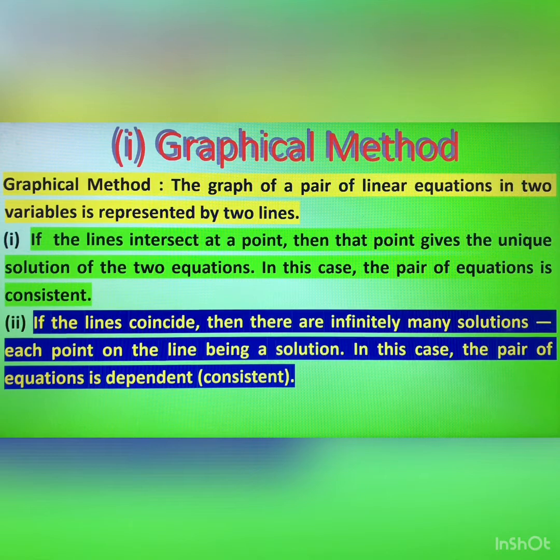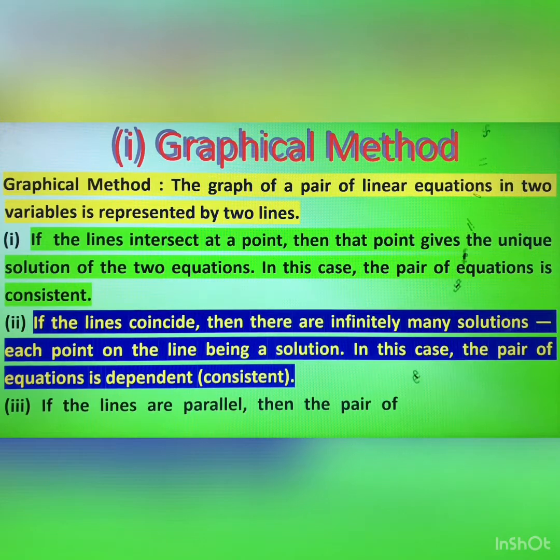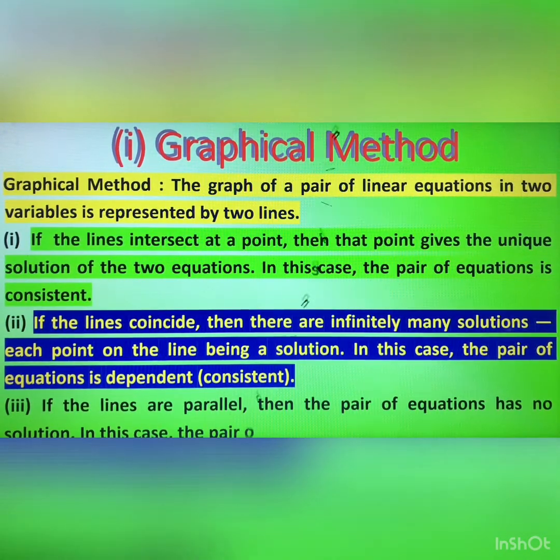In this case, the pair of equations is dependent, that is, consistent. It means if two lines coincide, then it has infinitely many solutions, and this is also known as a consistent system. And next, if the lines are parallel, then the pair of equations has no solution. In this case, the pair of equations is inconsistent.